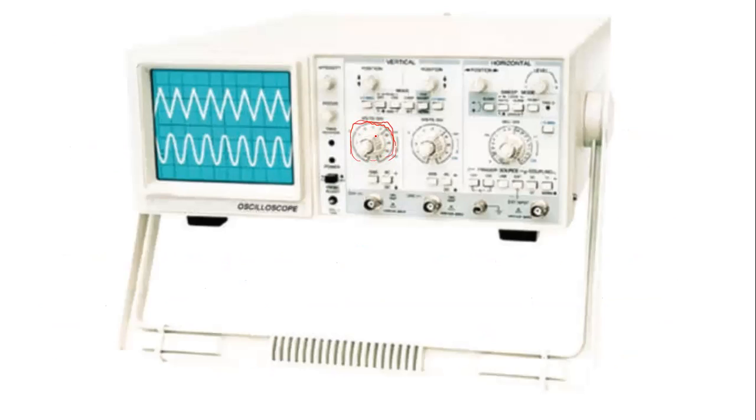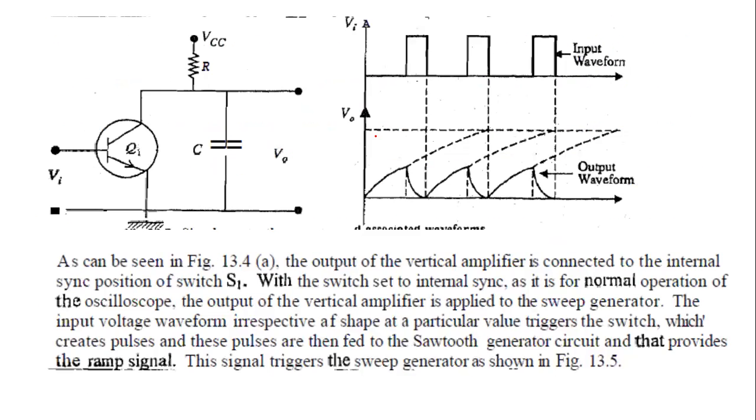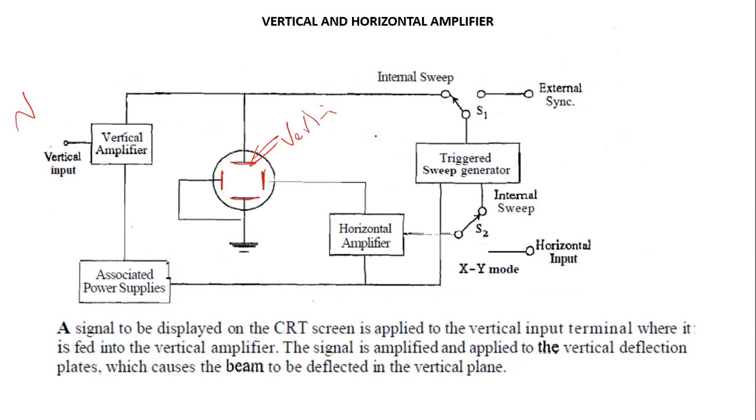You can control the signal, how much you want to enlarge it, and all those things. So the signal is supplied to these vertical deflection plates, and this will feed whatever information is to be displayed.